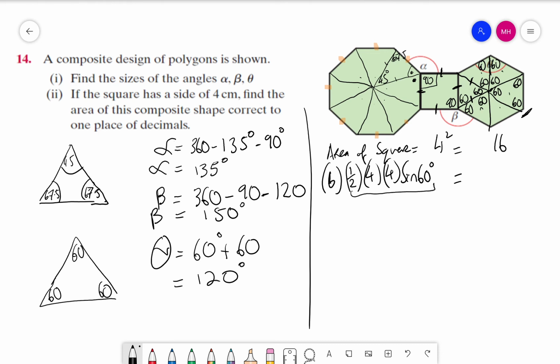So 6 multiplied by a half, AB being 4 multiplied by 4, then multiplied by your sine 60. And you're getting 41.569, which is 24 times the square root of 3. Whichever format you want to keep it in, you're asked to do it correct to 1 decimal place, so that would be enough for you.